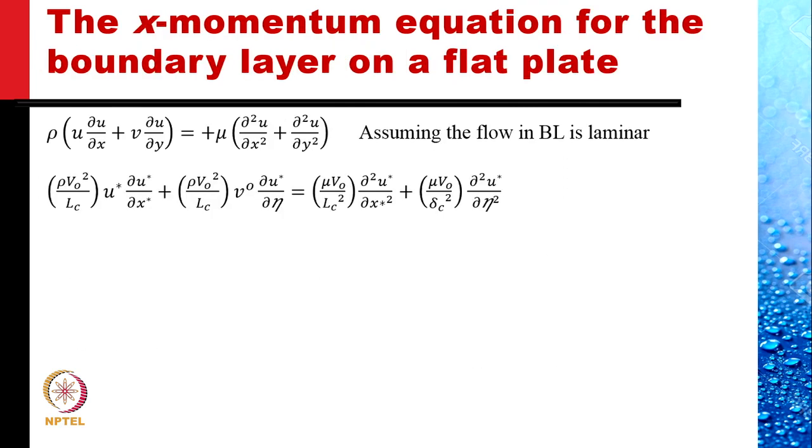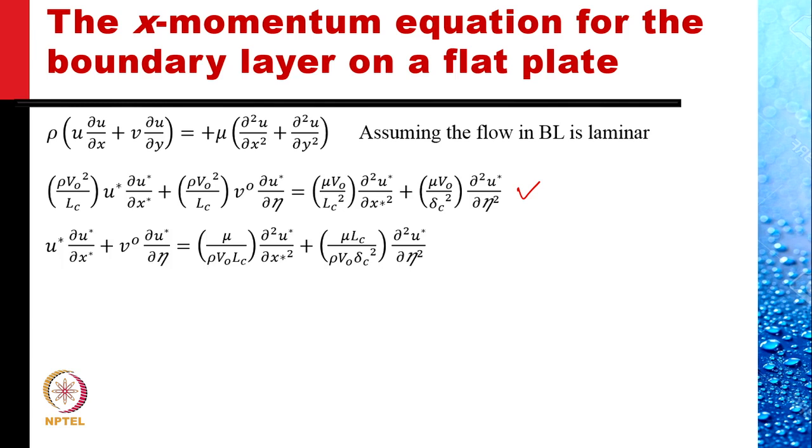And we normalize the momentum equation by the same definition of normalized variables, then this is the equation that we get. And if we make the coefficient of the first term 1, then the resulting equation is this. Recall that this is like 1 over Reynolds number based on length.